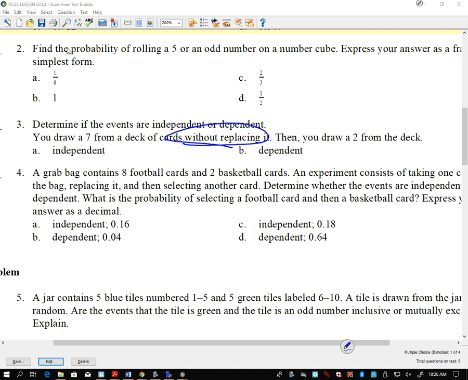You say they are independent? Right, the second draw is dependent upon what I got from the first draw. Because I kept a card in my hand, it's now changed the probability of the second draw. Does that make sense? So anytime I do not replace something, it is dependent. If I replace it, it's independent. If you want to write that down somewhere, write it down, because it's going to be true every time.